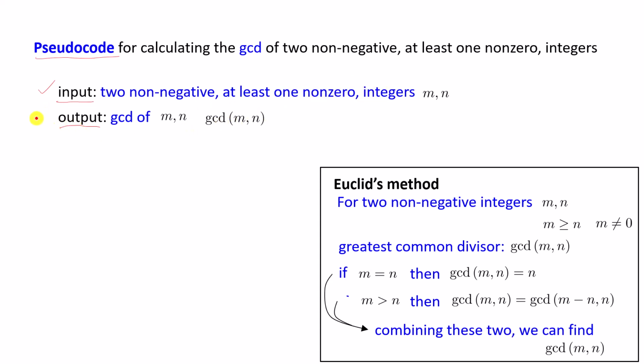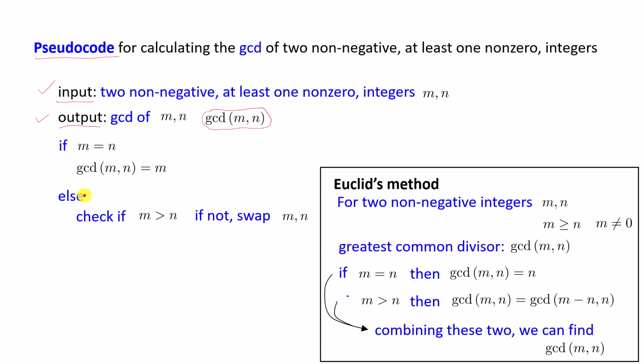And my output is GCD of m and n, which I am writing as GCD m, n. So what is my logic here? My logic here is that if m equals n, GCD m, n is equal to m, or you can write n. They mean the same because m and n are equal.